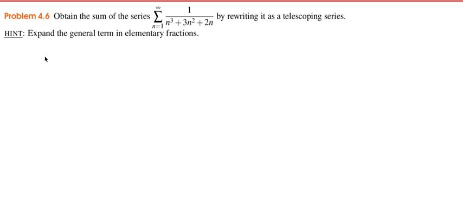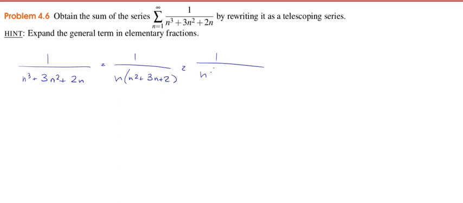If you haven't seen elementary fractions yet, the idea is that we will devote a lot of time to this in the integration unit. So we can factor the denominator, and this is actually n times n squared plus 3n plus 2, and if you work it out on your own, this is n times n plus 2 times n plus 1.